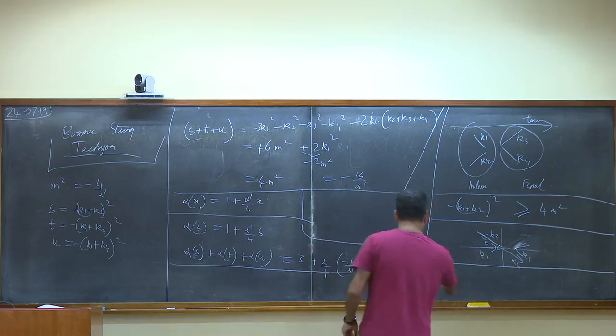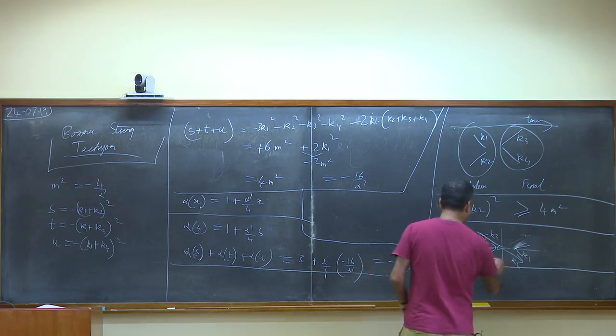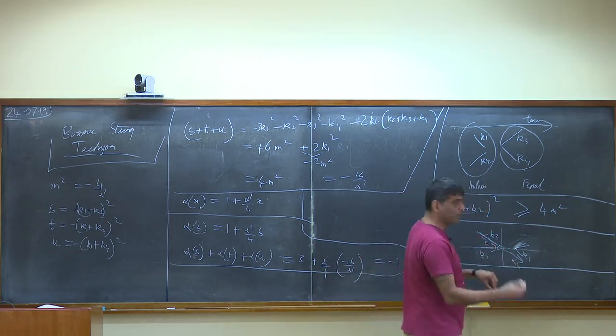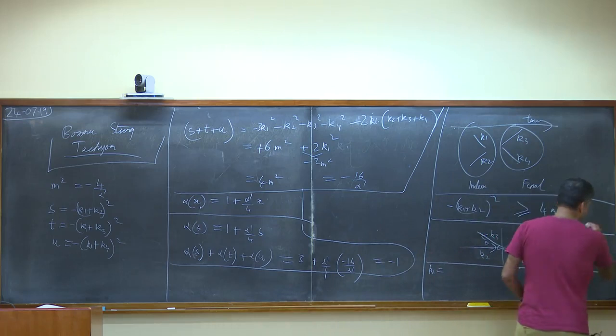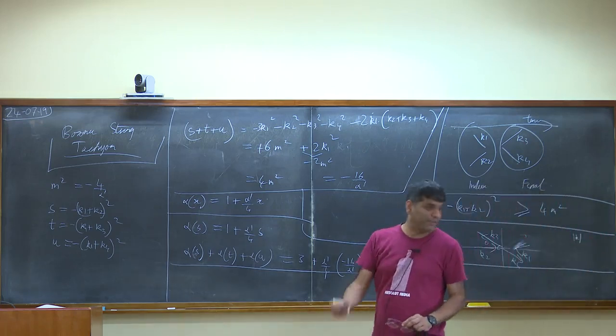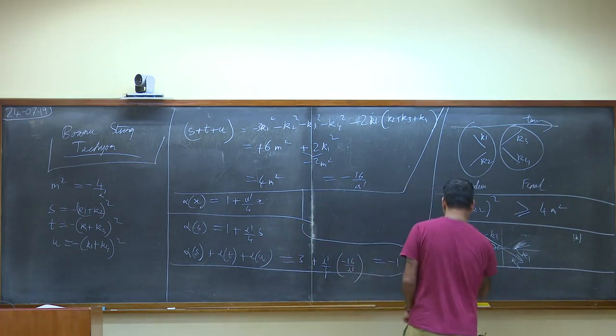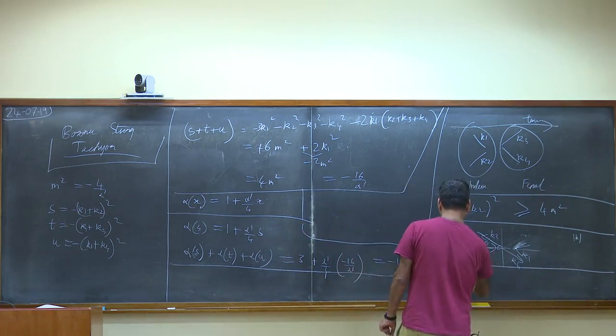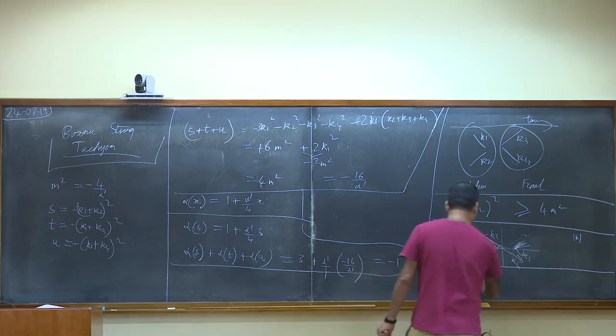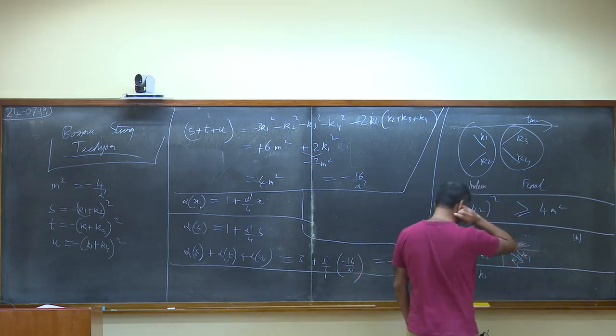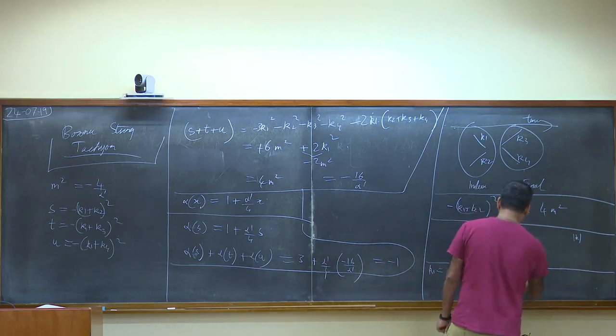So therefore, suppose the modulus of spatial momentum was, let's say, mod k. K1 would be the vector square root of m square plus k square, that's the energy, then k, that's the x component, y component 0, and there's no z component.